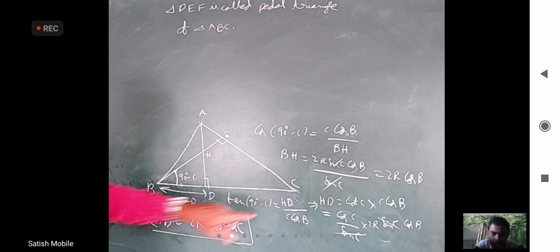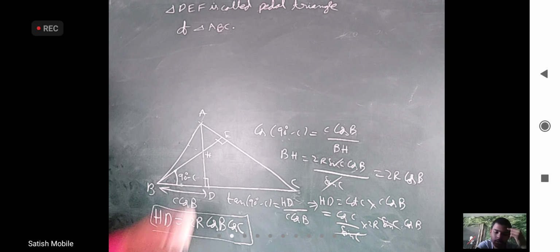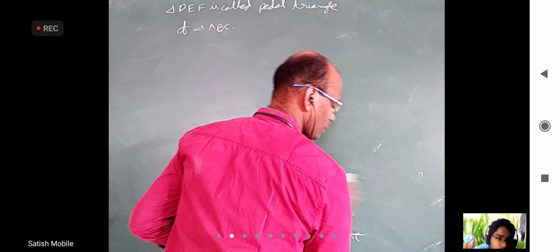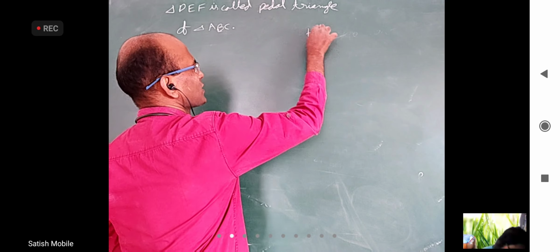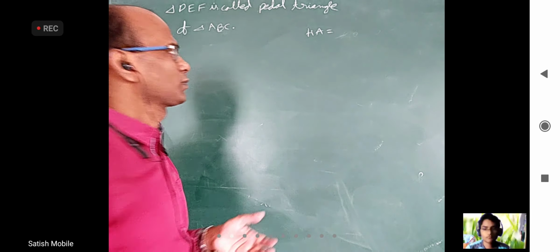Where is F? If you extend this CH, it will meet at F. The previous two figures, you know that. Okay, so if you want, you can write these things; if you write one, automatically other things are clear. But if you write all three, you will remember more.